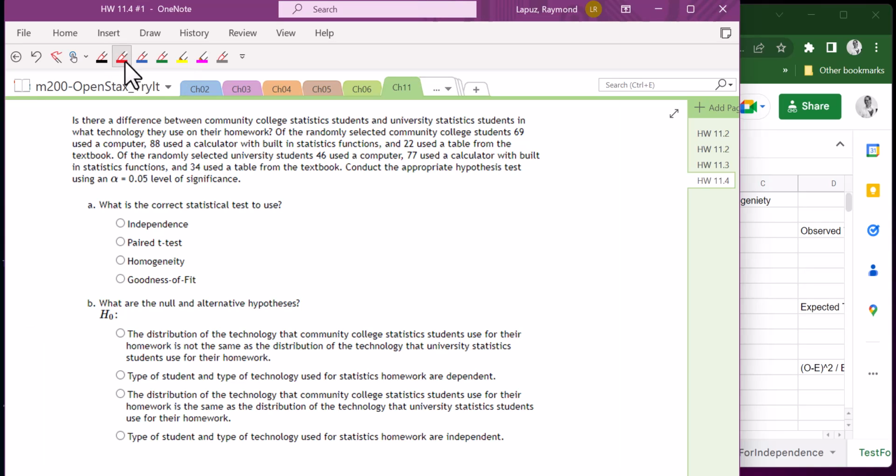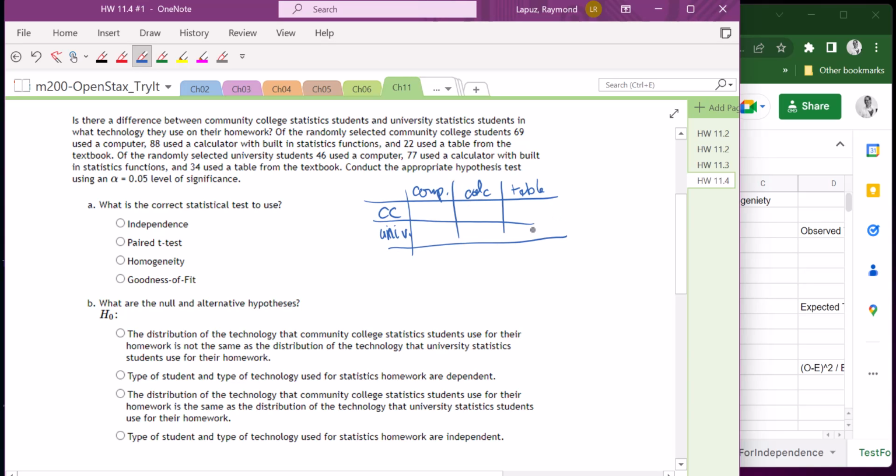So this looks like it's a comparison between community college students, so we'll call it CC students, and university students. And it's a comparison of different categories. So the categories look like there's people who use the computer, a calculator, and tables from the textbook.